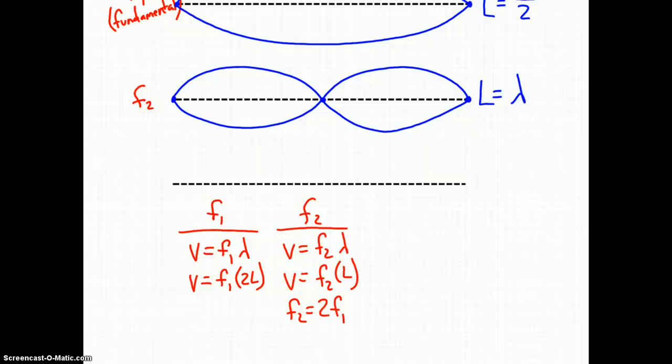All right, we need to wrap this up and talk about the third harmonic. We have to have a node on each the left and right end, yet still produce some kind of standing wave in between. What's the next largest standing wave that can be produced here?